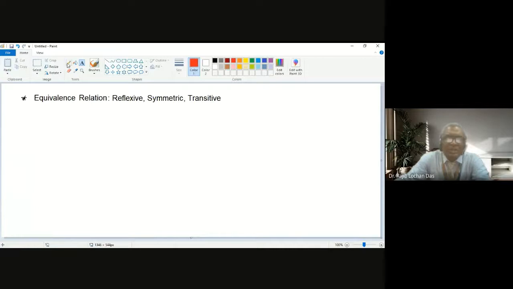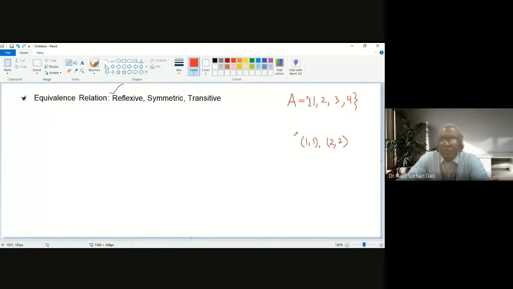So say the original set is A and you have some numbers, say 1, 2, 3, 4. Okay, these are the numbers. Now you need to have (1,1) and also (2,2) and (3,3) and (4,4). You need to have everything. So that will be reflexive.